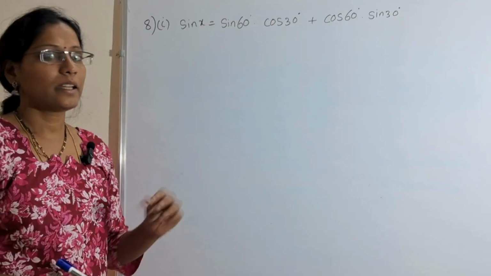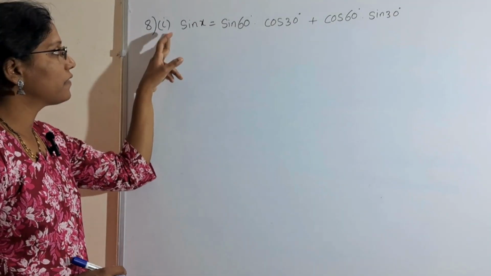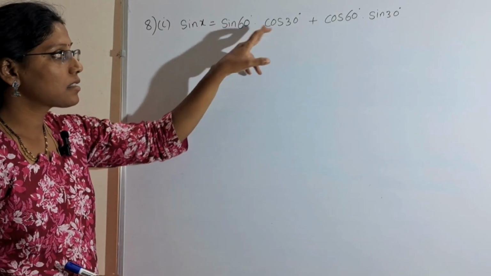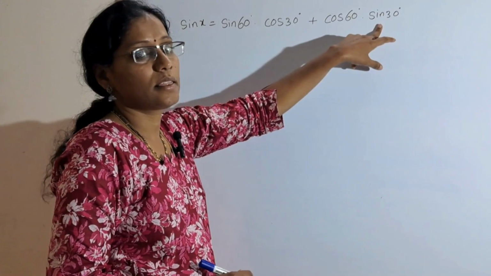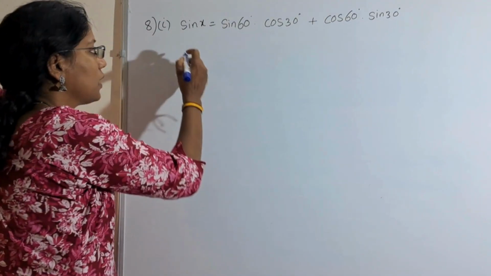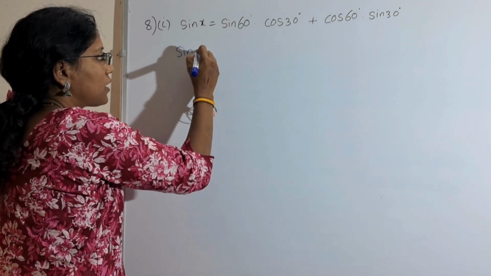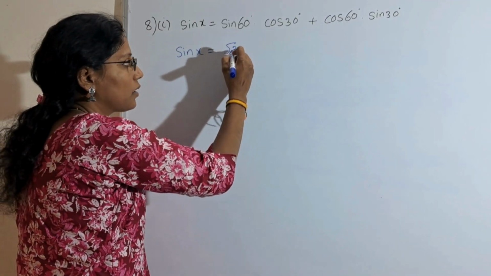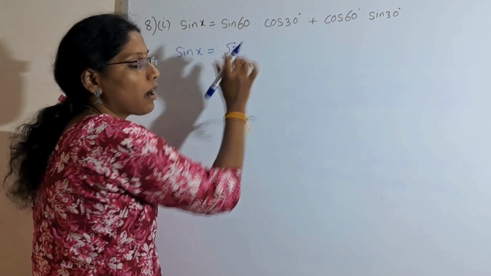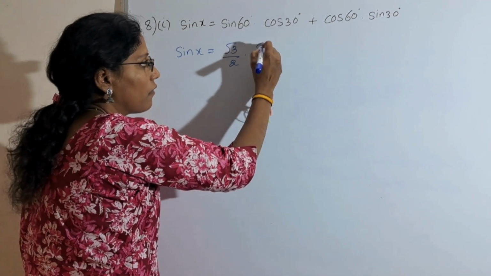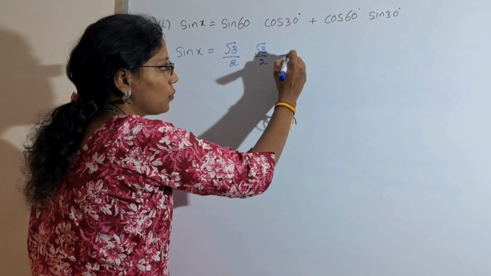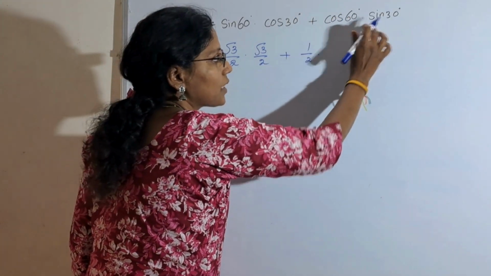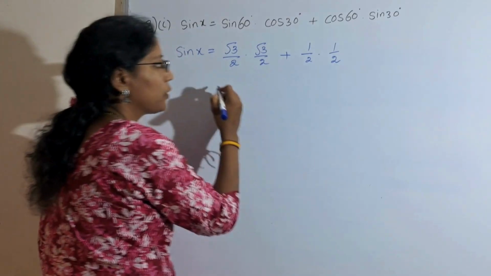Hence proved. Next, problem number 8, the first one. In this problem we have to find the value of x. Here we substitute the values of sin 60, cos 30, cos 60, sin 30. Sin x is equal to sin 60, whose value is root 3 by 2, into cos 30, root 3 by 2, plus cos 60, 1 by 2, into sin 30, 1 by 2.